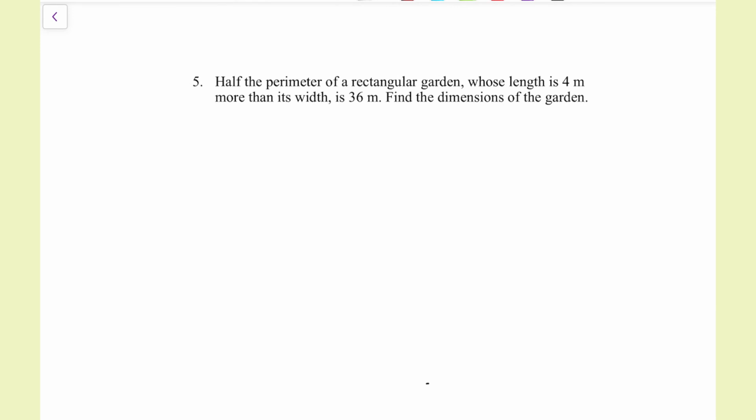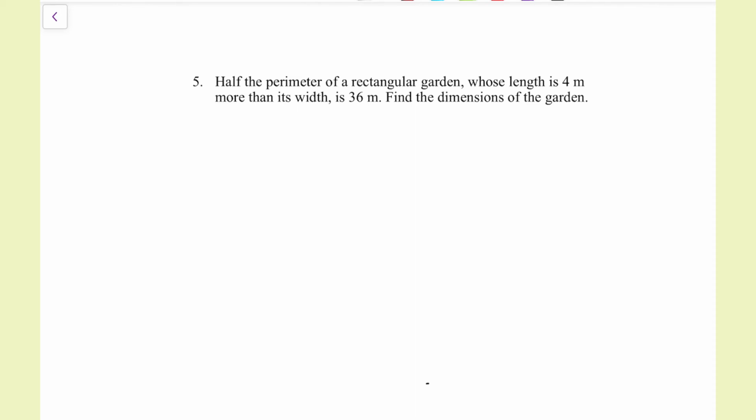Coming to question number 5. Half the perimeter of a rectangular garden whose length is 4 meters more than its width is 36 meters. Then find the dimensions of the garden.